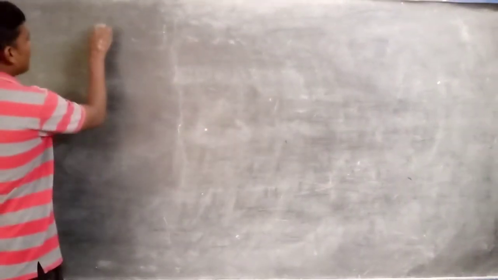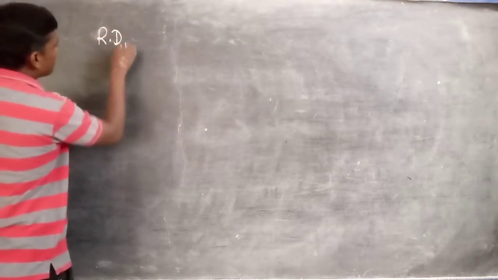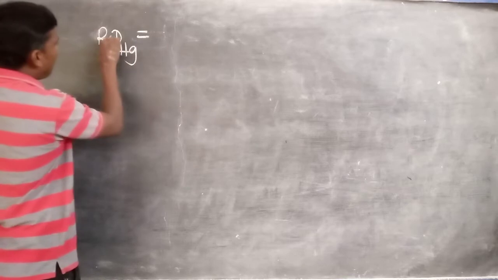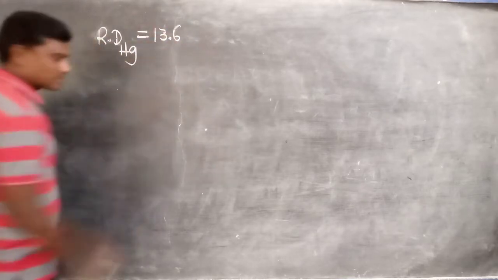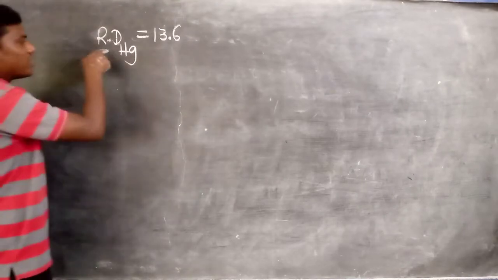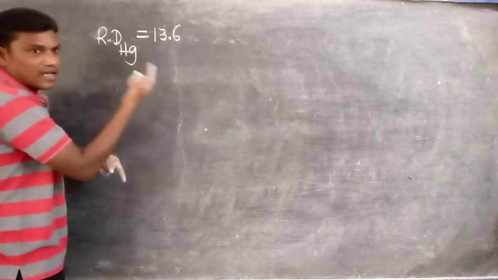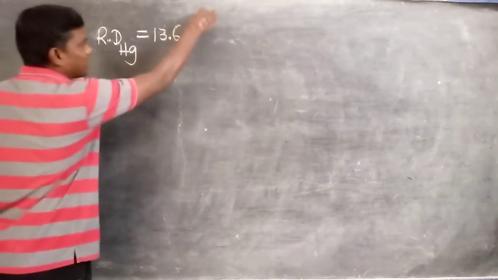So, what is the value given here? The relative density of mercury, D of Hg, is 13.6. You find the density of Hg in CGS units and in SI units.